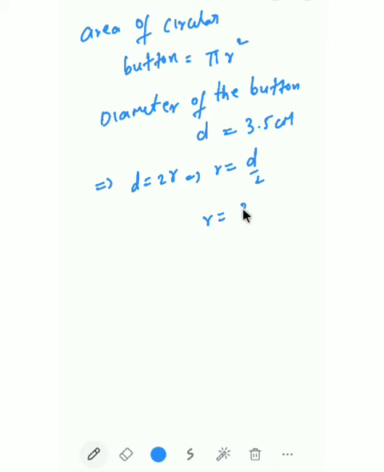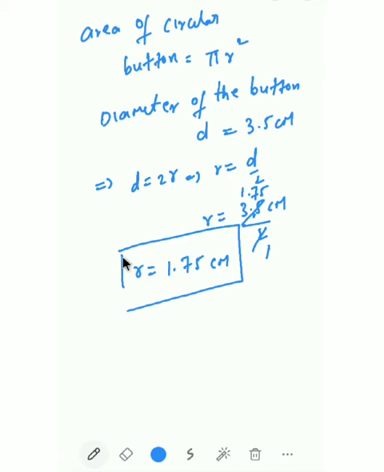So d is 3.5 centimeters by 2, which is 1.75. So r is 1.75 centimeters, the radius.